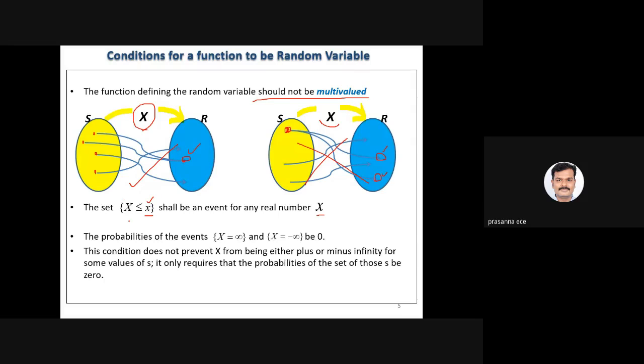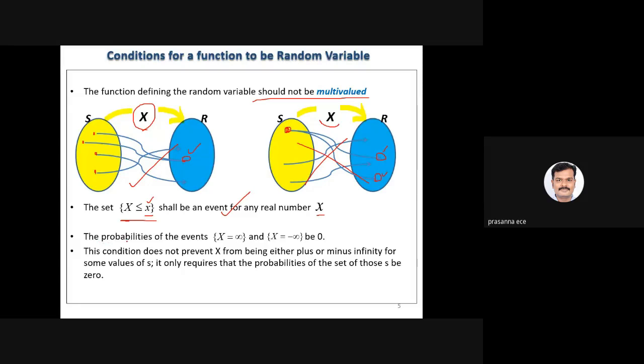Any number we choose less than the given real number x has its associated outcome in the sample space. So that is the second rule.